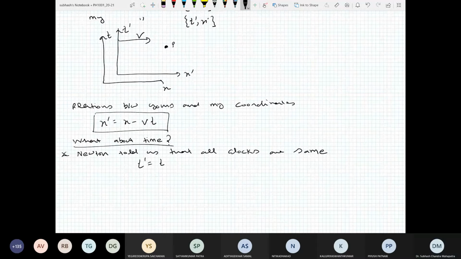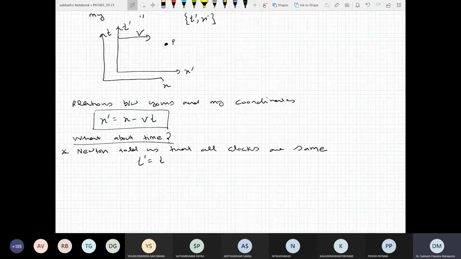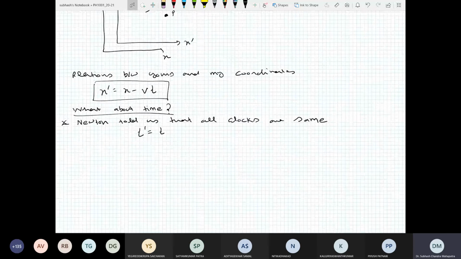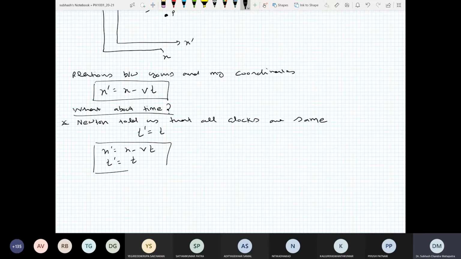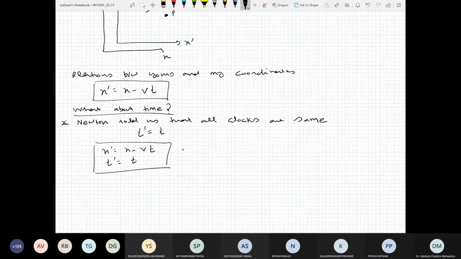We usually go out from home, come back, and the clock at home and the clock on your watch always remain the same. So Newton told us t prime is t. So the transformation we found is x prime is x minus vt and t prime is t. This transformation is called Galilean transformation.